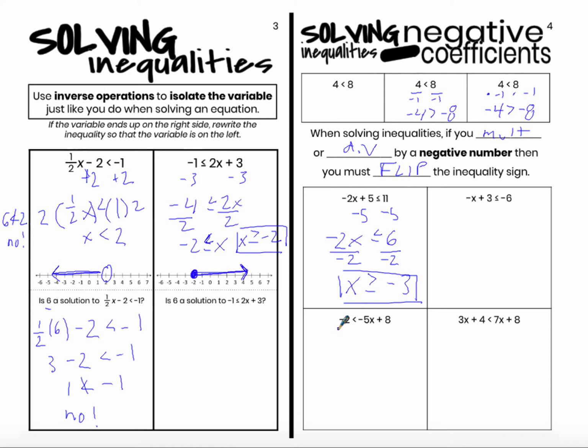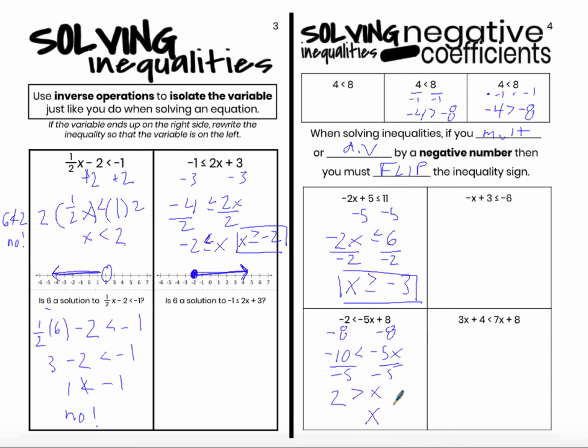Let's go ahead and do this example as well. So this is where kids tend to make small mistakes. So subtracting 8 from both sides, we have negative 10 is less than negative 5x. Dividing by negative 5, we need to flip the inequality. We flipped the inequality from a less than to a greater than sign when we divided by negative 5. Now this is not flipping, it is rewriting.